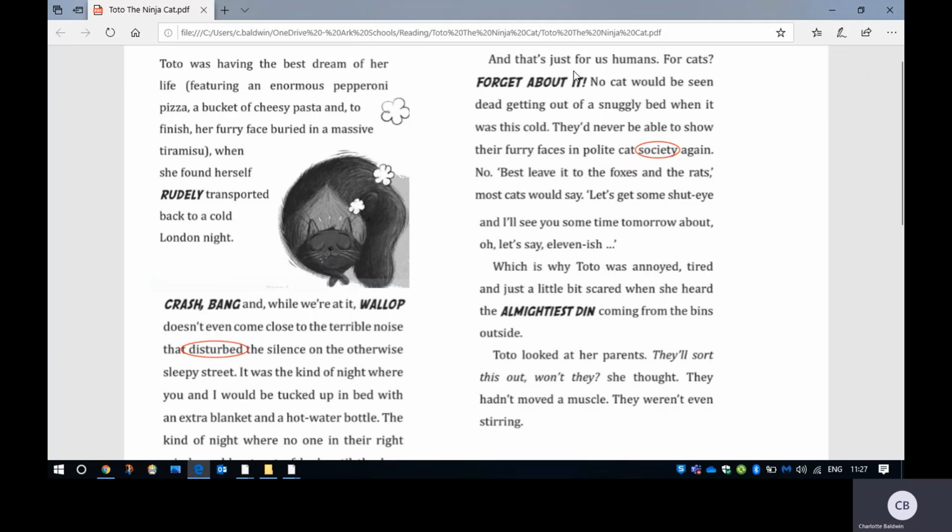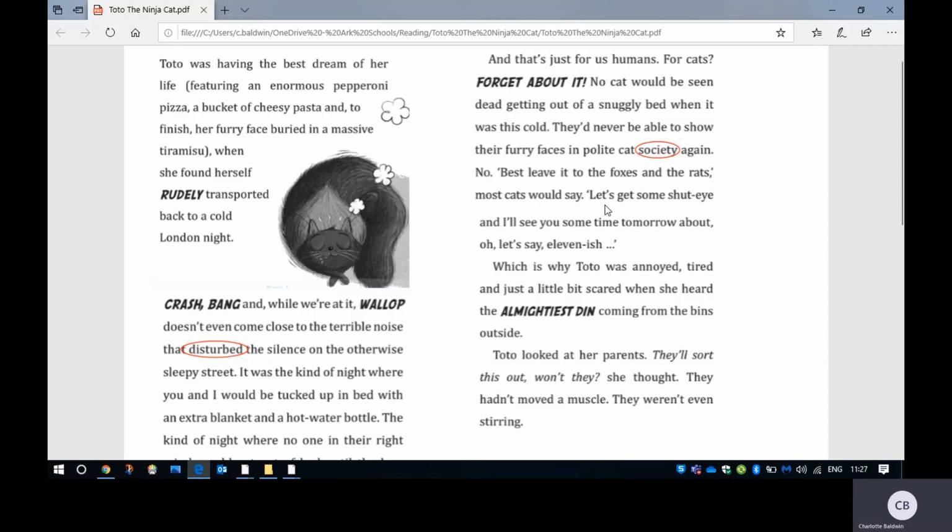And that's just for us. Forget about. No cat would be seen dead getting out of a bed when it was this. They'd never be able to show their faces in polite cat society again. Best leave it to the foxes and the.